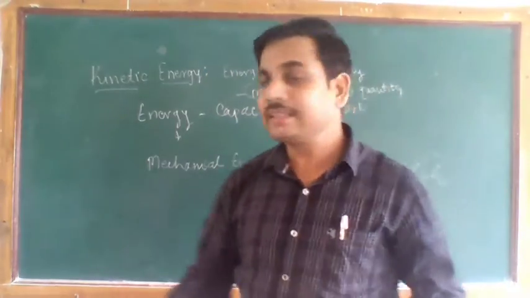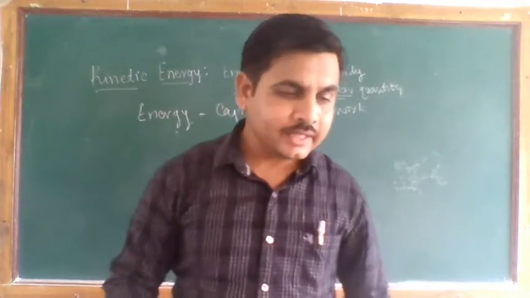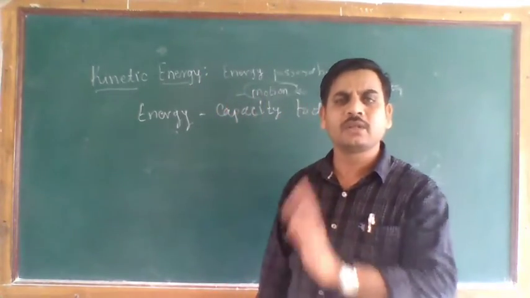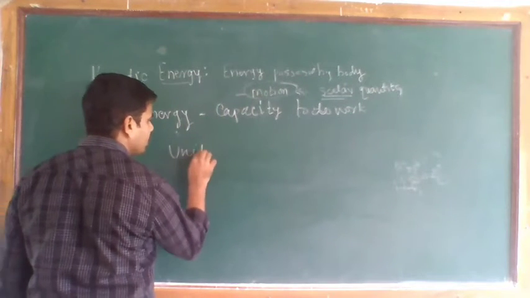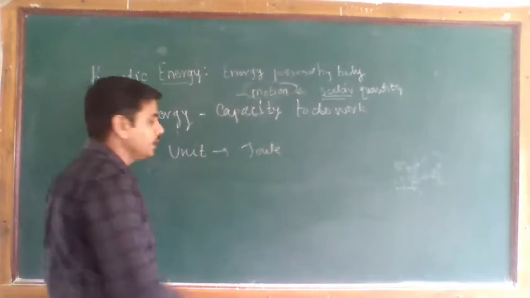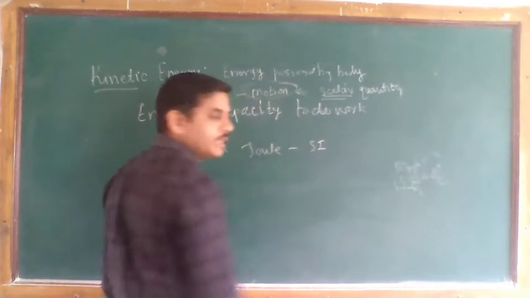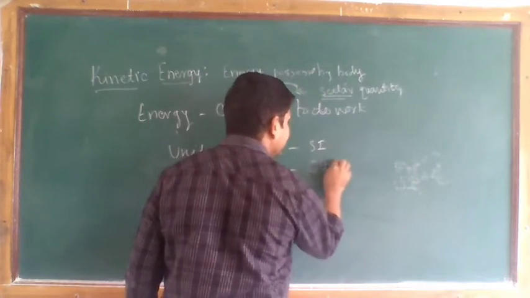And if you consider the unit of that energy, it is the same as the unit of work done. It is the joule in the SI system, and the erg in the CGS system.